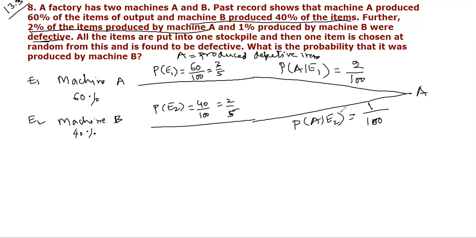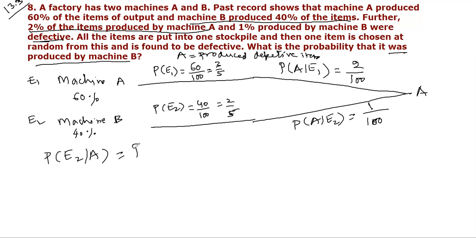So an item is found defective. We have to find the probability that it was produced by machine B. The probability that the chosen defective item is produced by machine B, we have to find out probability of E2.